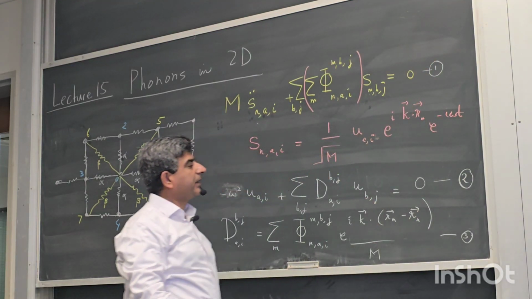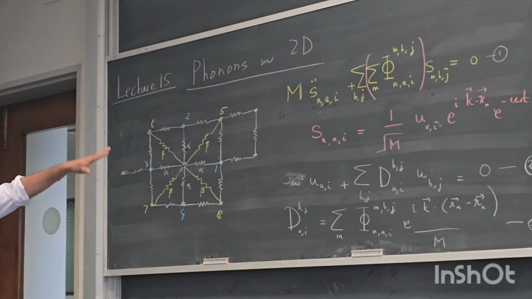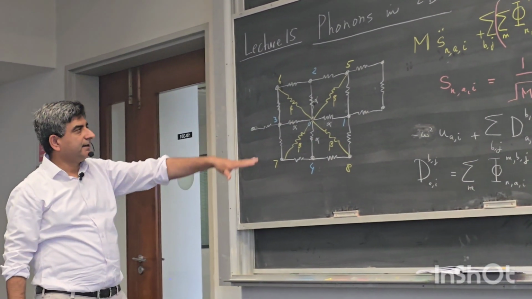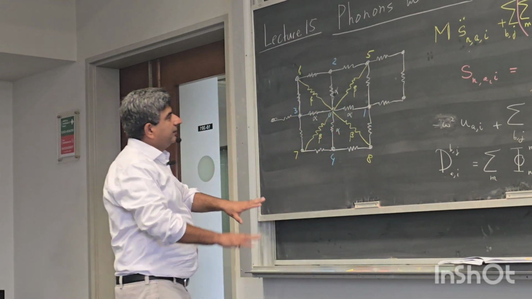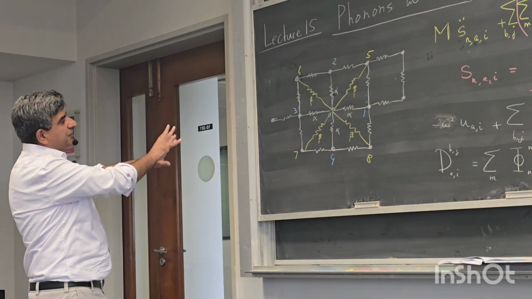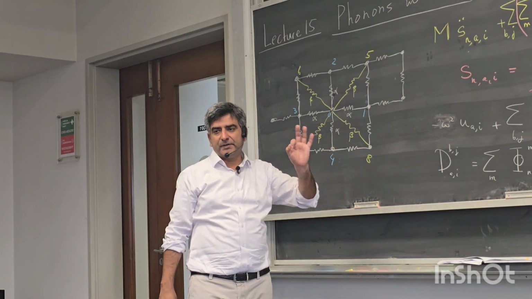So this is where we all started off from, and one of the homework problems also asks you to employ these derivations. So now in our example here, in this two-dimensional structure, how many atoms do we have in a basis?